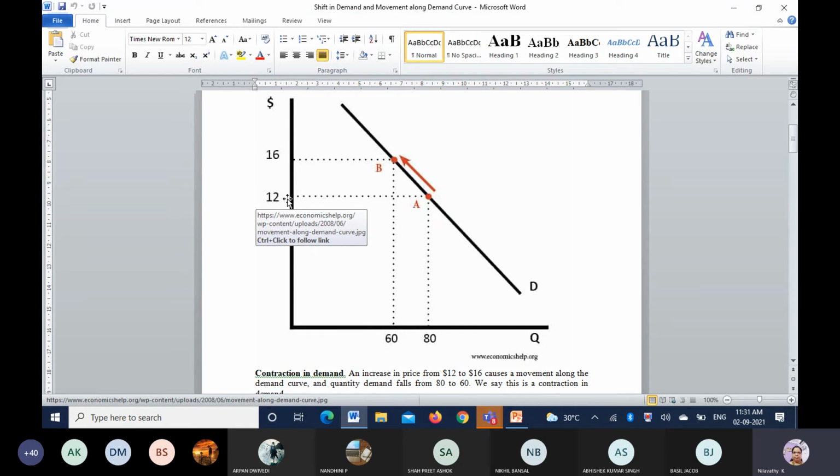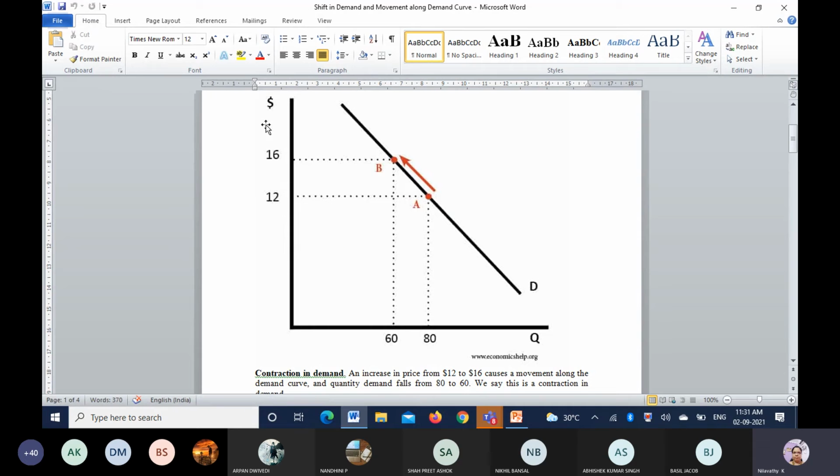When the price increases from 12 to 16 rupees, our demand will decline. From 80, we will be demanding only 60 units of the commodity. So this declining we call a contraction in demand. There is a decline in the demand.